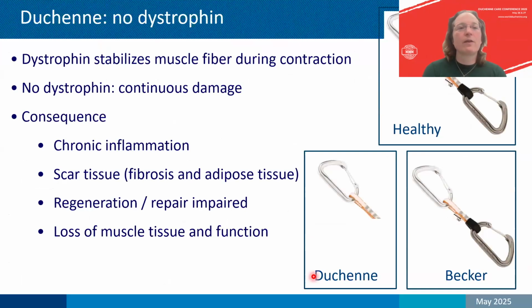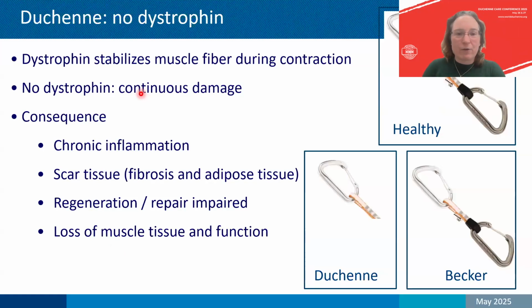So when we want to understand how Givinostat works, we first have to look into a little bit the pathology of Duchenne. Duchenne patients don't make dystrophin, and dystrophin normally connects the skeleton of the muscle fiber to the connective tissue surrounding each muscle fiber. In Duchenne patients, this connection is lost. As we know in Becker patients, we have a connection, but the protein is shorter, so it's partially functional.